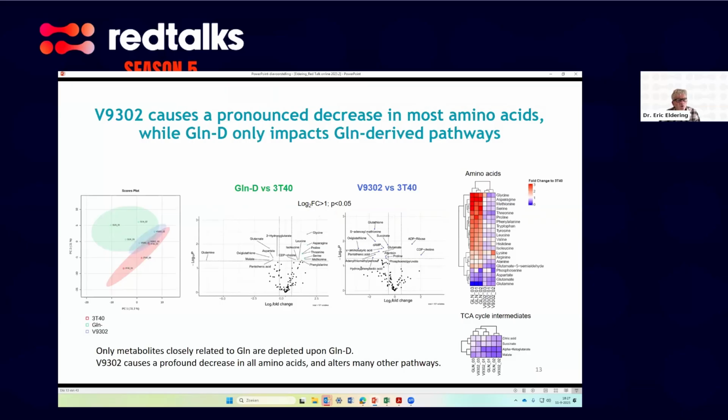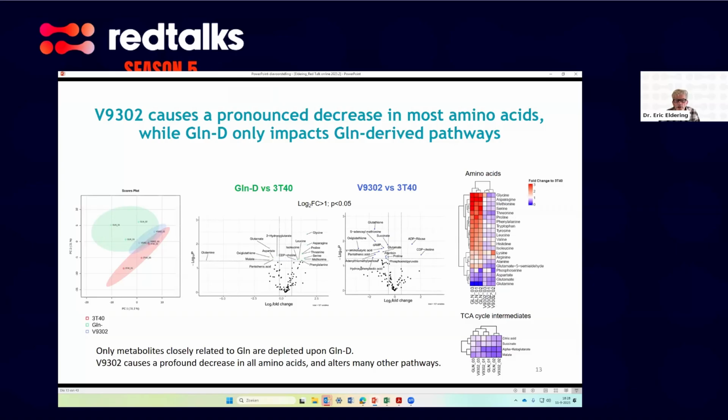We wanted to now compare the V9302 inhibitor with just glutamine deprivation. And then we noticed, if we do again metabolomics and amino acids, that the inhibitor causes a pronounced decrease in most amino acids, and the glutamine deprivation, as expected, mostly impacts the glutamine-derived pathways, which is depicted over here.